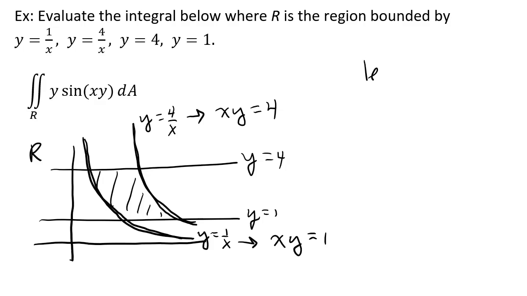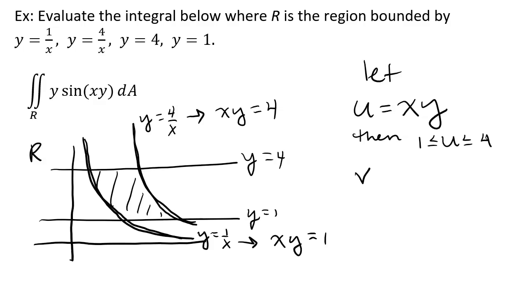So we might do something like let u be xy, because then what we're going to have is that u just goes from 1 to 4, right? We go from xy equals 1 to xy equals 4.